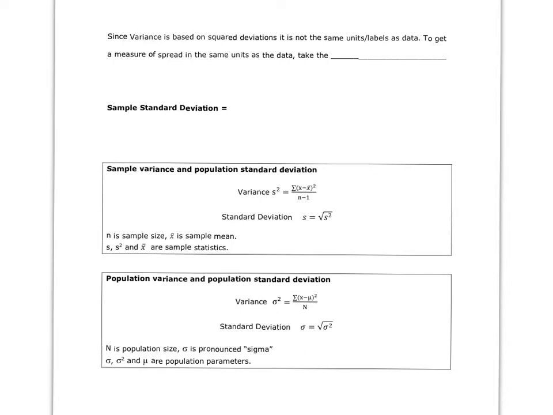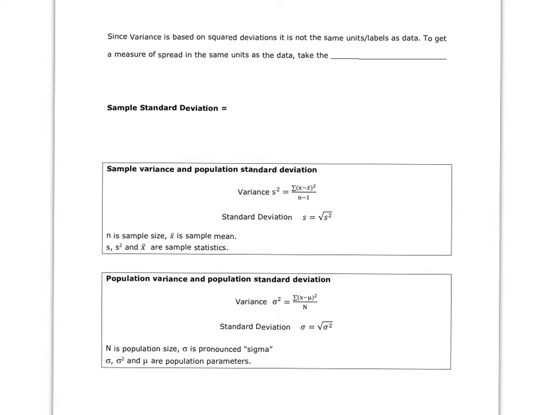Okay, so we have a formula for sample variance. We had to square those deviations to get something that didn't add up to 0. By squaring those, we now have a measure that has the original units or labels squared. Remember, our data values were days in the hospital.